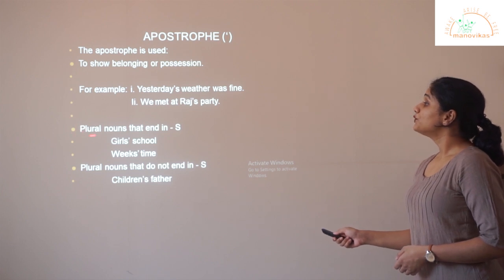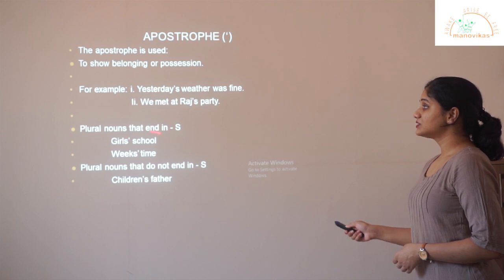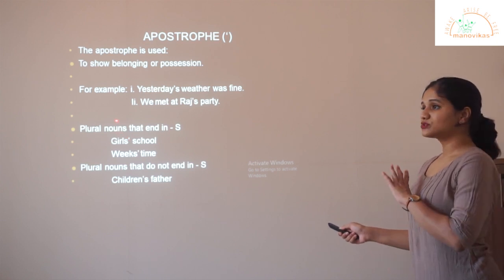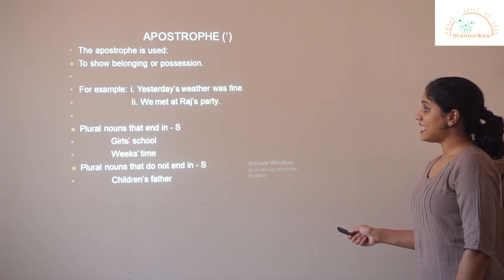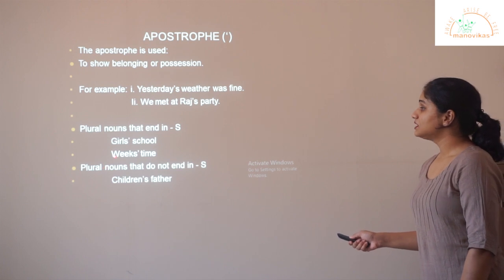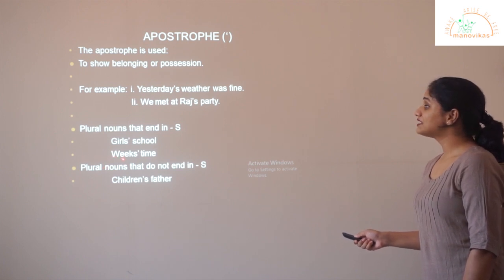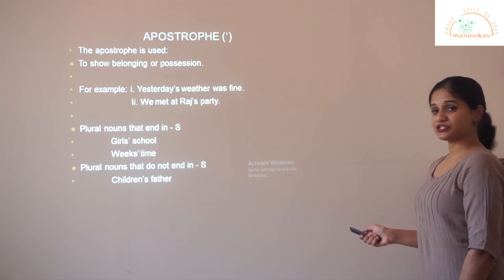Now, plural nouns that end in an S. For example, if it's a girls' school, meaning a school where many girls are attending, it becomes GIRLS apostrophe and no S after that. For example, if you say "in two or three weeks' time," many weeks, it is S apostrophe.